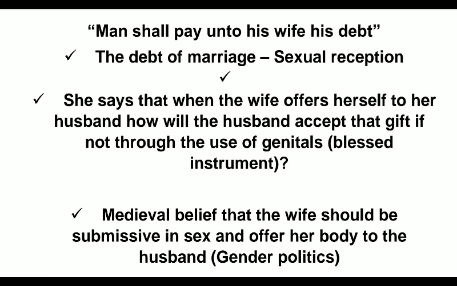She says that when the wife offers herself, rather offers her body to the husband, how will the husband accept that gift of the wife's body without the use of his genitals? That is referred to as the blessed instrument, as if coming from God itself. And this brings us also to a medieval belief that a wife should always be submissive in sex and offer her body to the husband whenever he demands it.